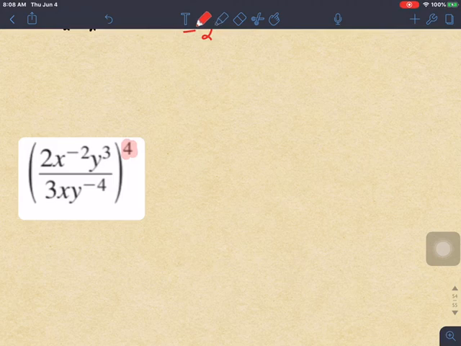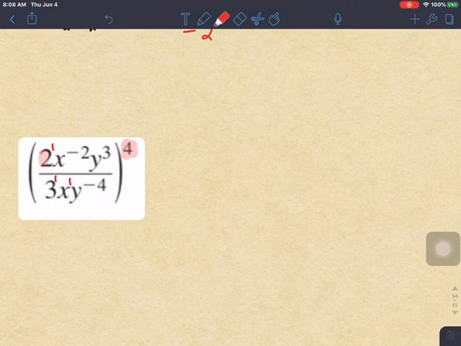So I think it's important to note that the 2 here, the base, has a power of 1, and the 3 has a power of 1, and the x has a power of 1. That's probably a good practice to do, because now you know that you have 3 bases to raise to the 4th power.